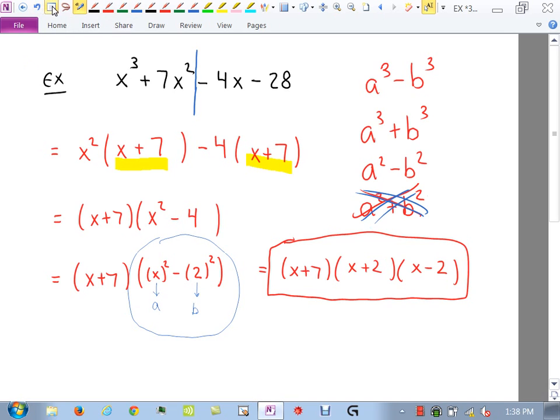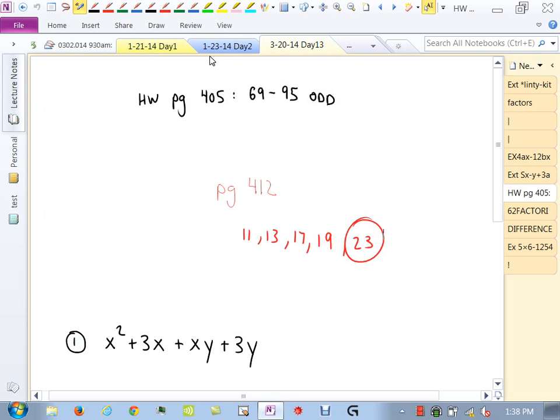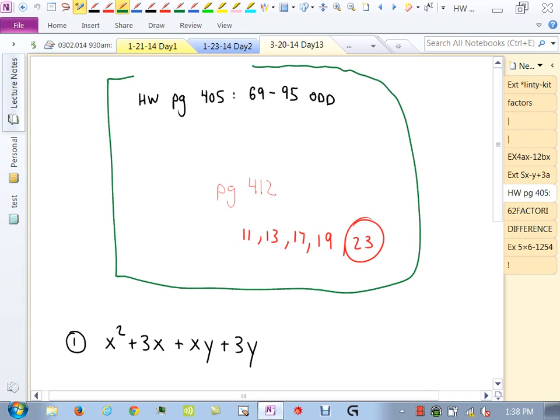Here's your homework. It's actually quite a bit of homework. I'm going to give you the same instructions I gave my other class. Factoring is so important that my plan is, starting on Tuesday, you will have a quiz at the beginning of class every day over your homework.